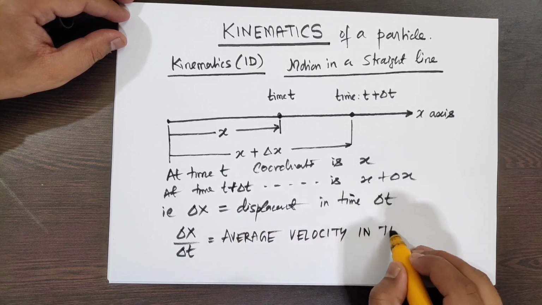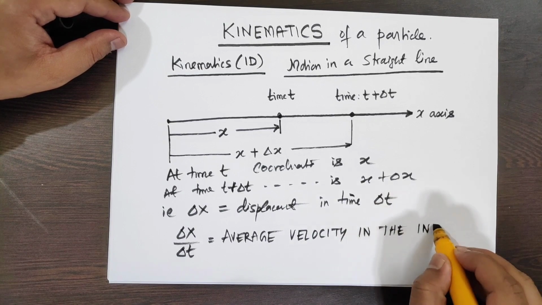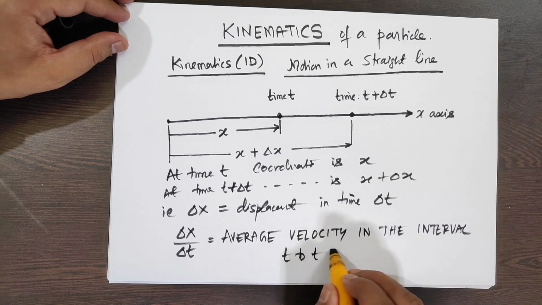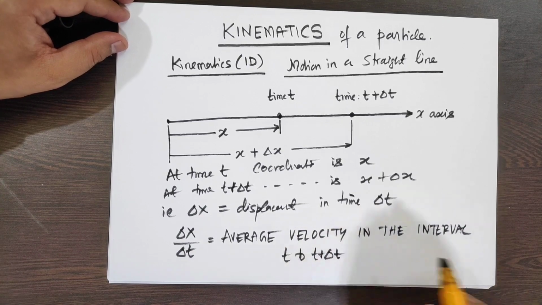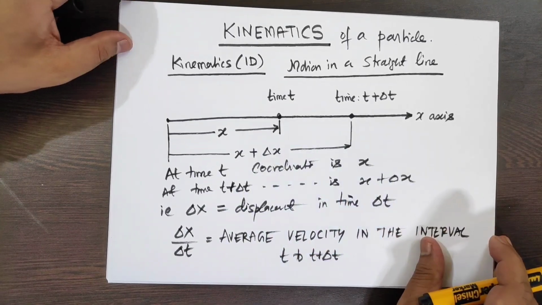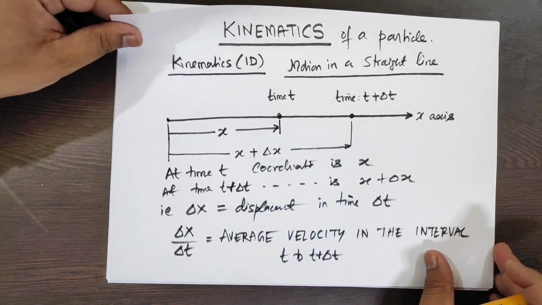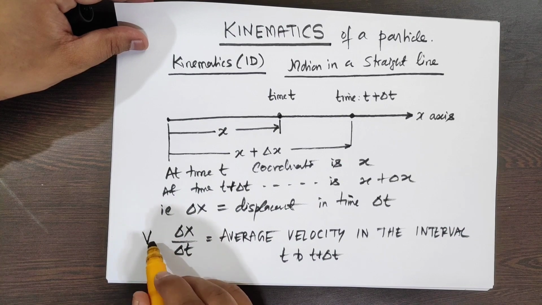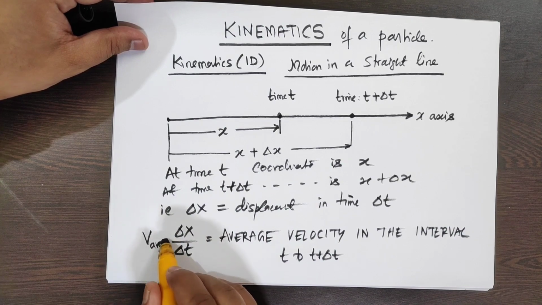in the interval t to t plus delta t. If you make this interval delta t very, very small, then you get what? See, this is v average.